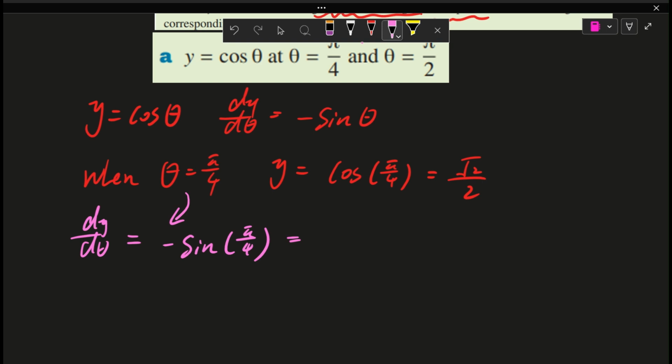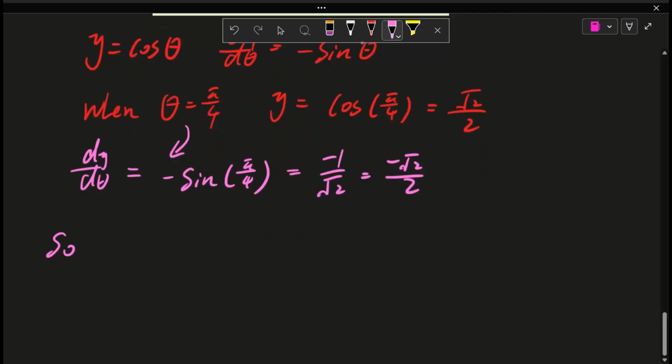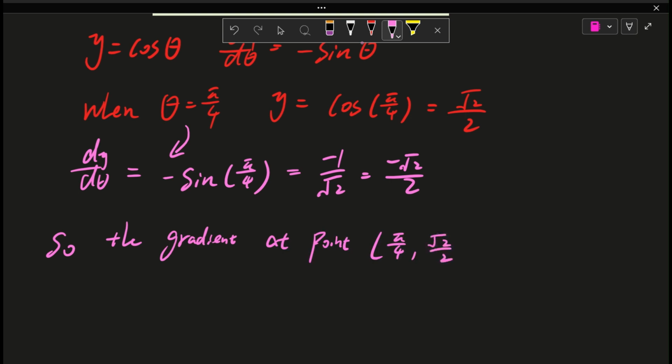That equals negative 1 over root 2, or negative root 2 over 2. So the gradient at the point pi on 4, root 2 on 2 is negative 1 over root 2 or negative root 2 on 2.